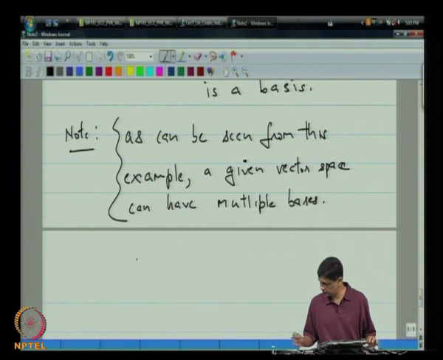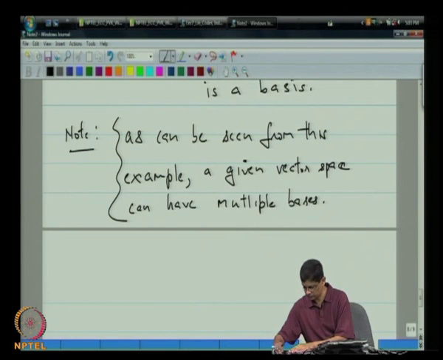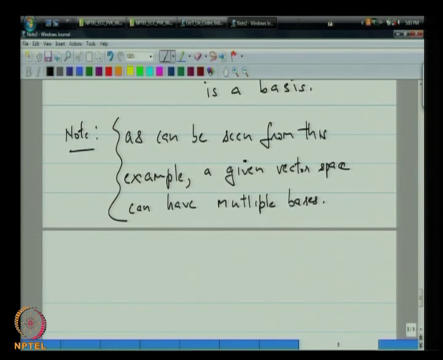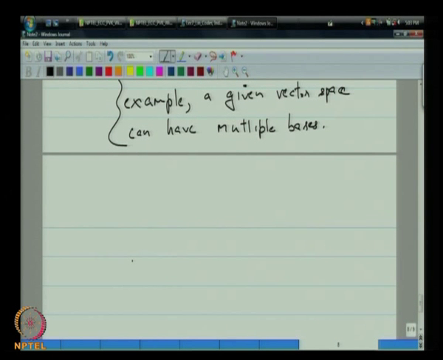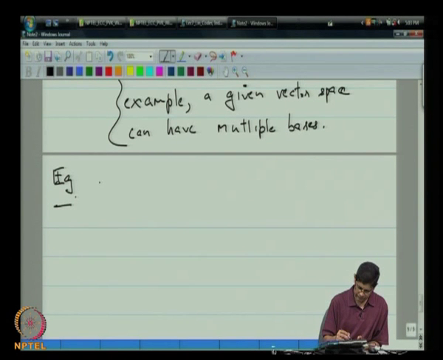All right. Another example, supposing you are looking at the vector space of polynomials.